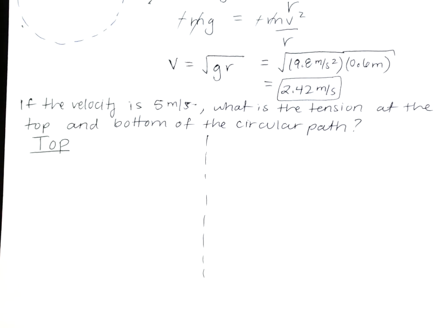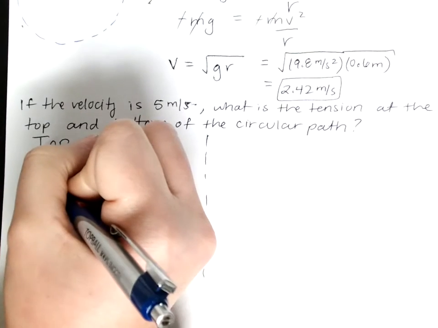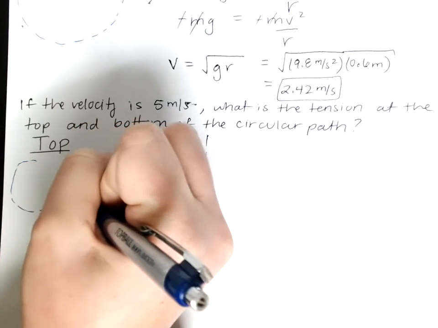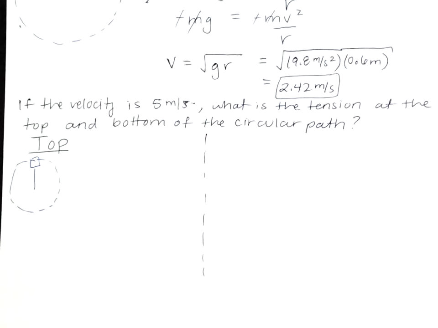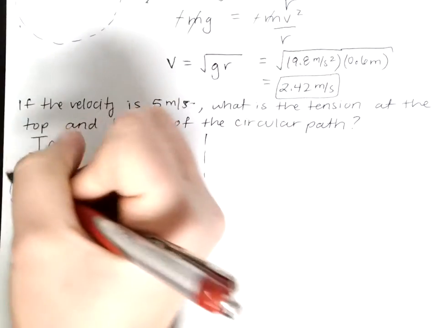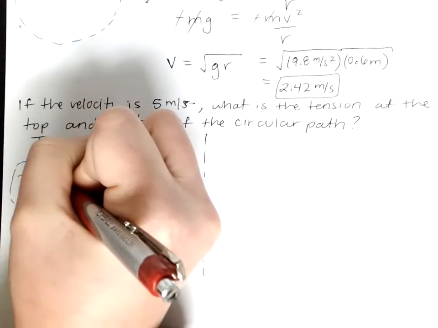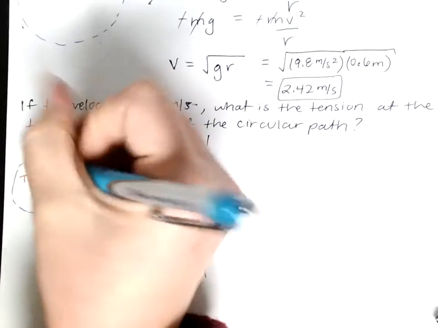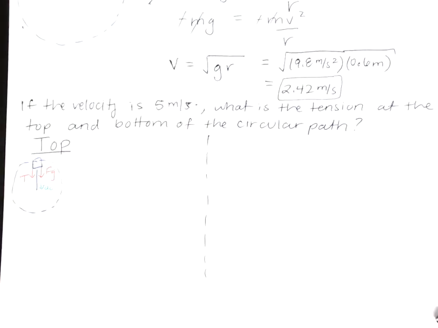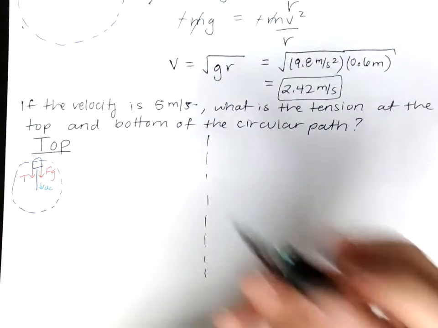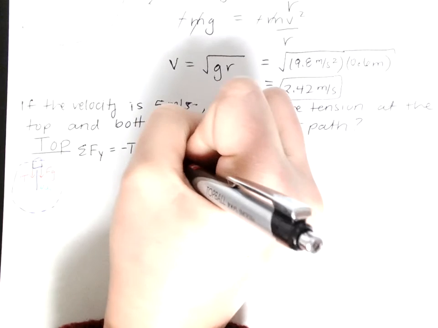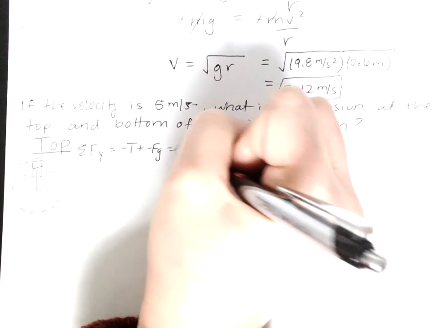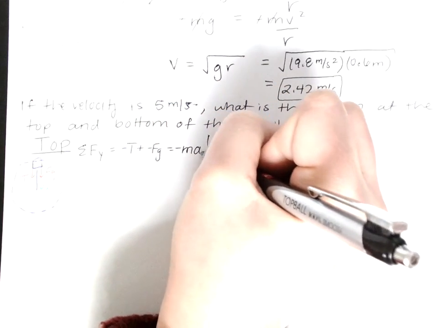Okay, here is our picture at the top. The forces acting on the object at the top are the same that we just did. So we have tension down, force of gravity down, and acceleration is also down. So let's write our equation. We get sum of the forces in the y direction are equal to negative tension plus a negative Fg equals a negative MAC.